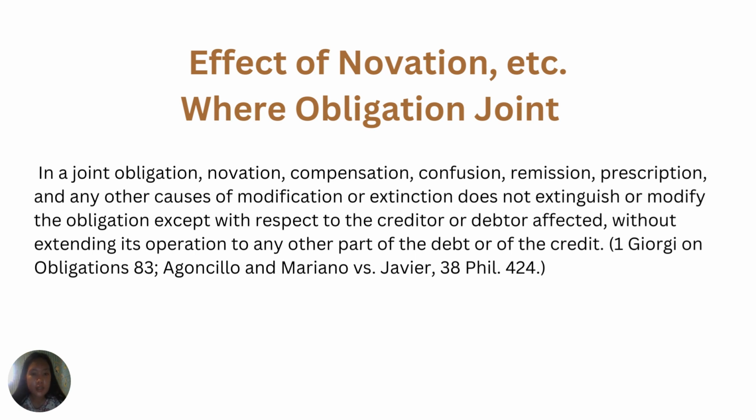So here, for example, if the obligation of A in the above example is joint, the condonation will affect only the share of D in the amount of 10,000 pesos. So, A is still indebted to C and D in the amount of 20,000 pesos.